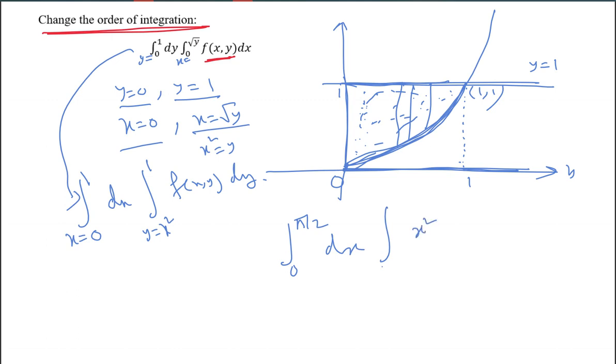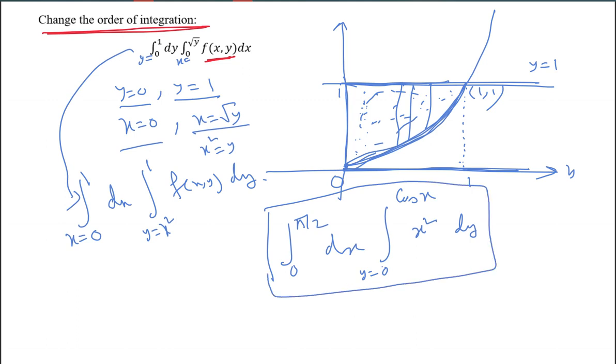If I write that, we need to integrate y, and y is from 0 to, suppose, cos x. Try to do it by changing the order of integration.